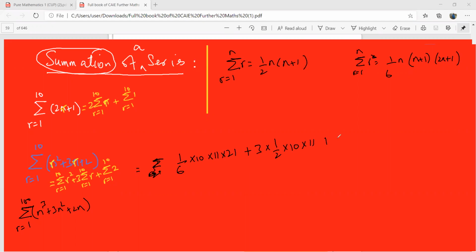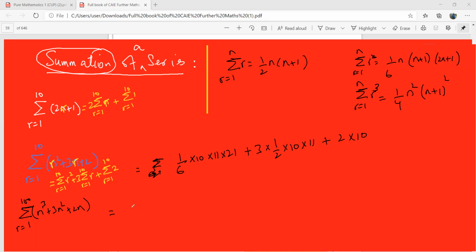And for the last one, this is simply 2 times 10. So by using the calculator or doing this mentally, you can find this. Okay. And for this one, the sum for a cubic series is going to be 1 over 4 into n square into n plus 1 whole square.